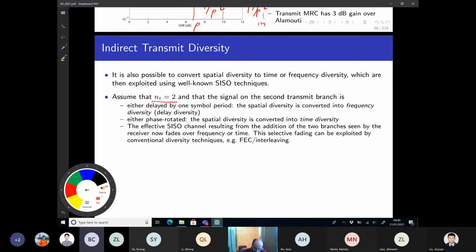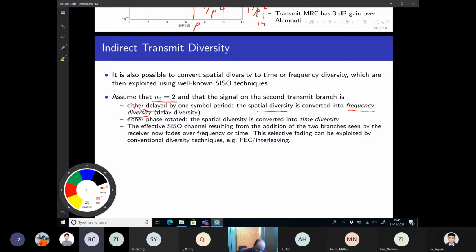One of them is called delay diversity. By doing a specific scheme, which is listed in the problem sheet, you will convert spatial diversity into frequency diversity. So if your channels change in the frequency domain between frequency 1 and frequency 2, you can leverage this behavior to exploit the diversity gain as well, now in the frequency domain.